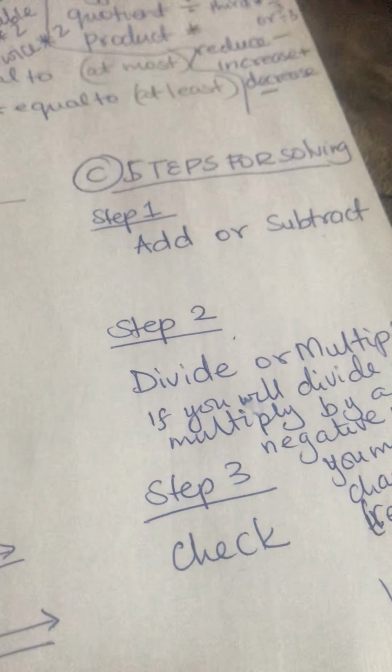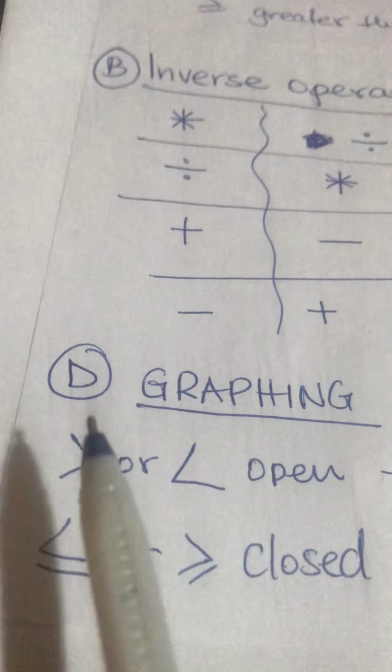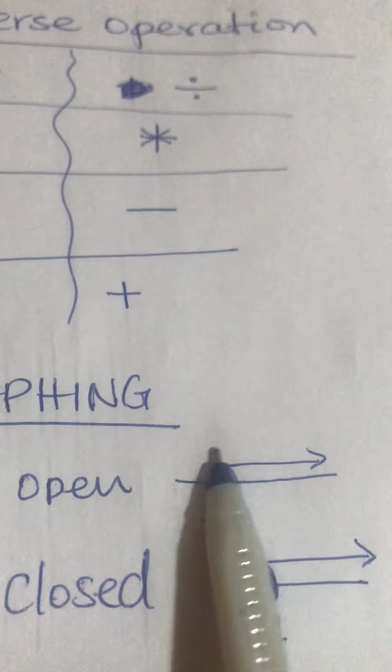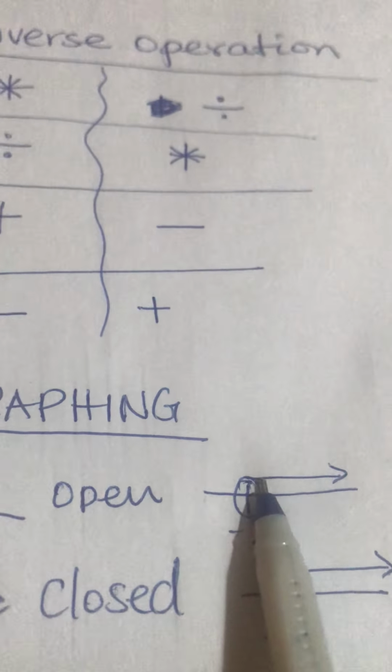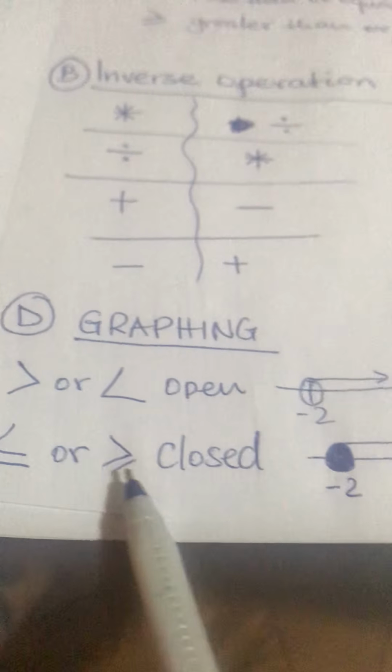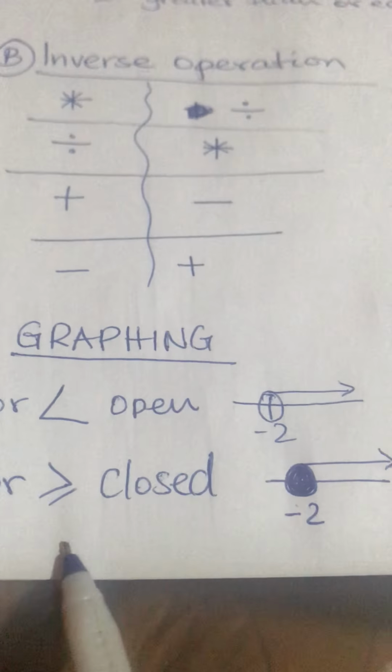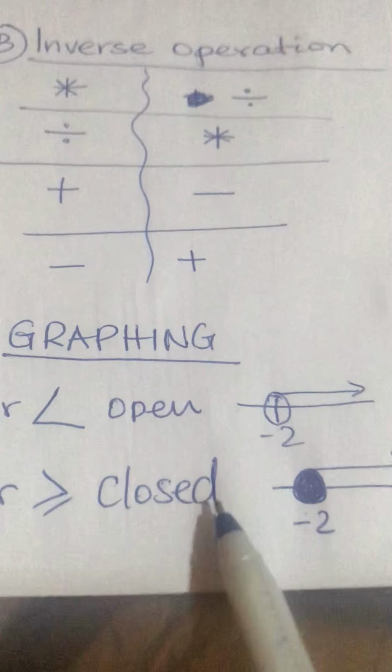Alright, you have to remember when graphing. Greater than or less than, your circle is open or your graph is open. Less than or equal to or greater than or equal to, your graph is closed.